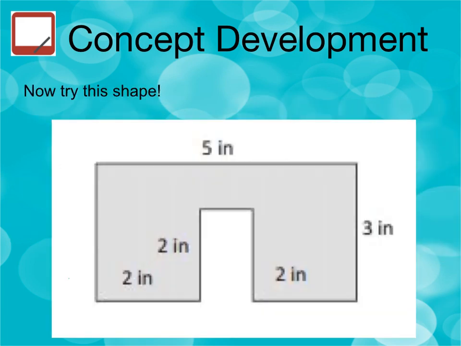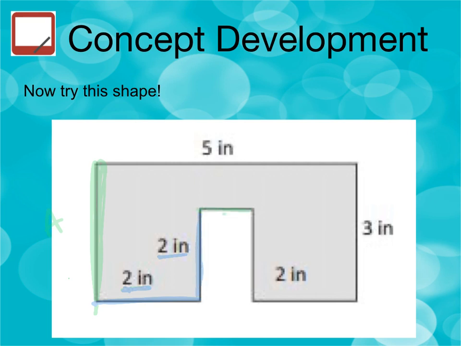Okay, boys and girls, so now we're going to figure out the perimeter of this shape. So right now I can see that I am missing my measurements for this side. I'll call this side A. And I know that this one is 2 inches. Let's see. So 2 inches, 2 inches.